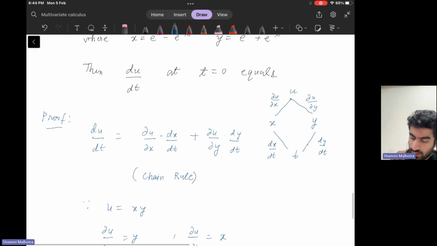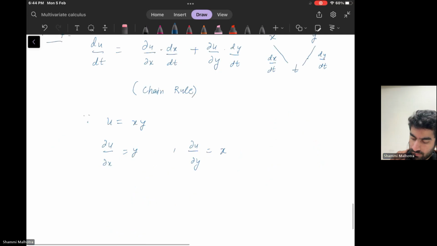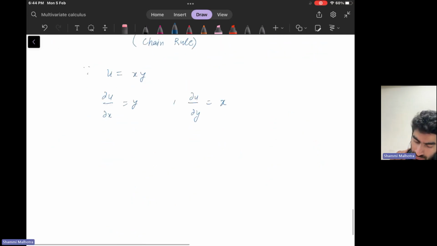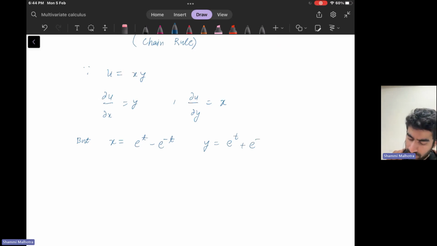We also know that x is given as e raised to the power of t minus e to the power minus t, and y is given as e raised to the power of t plus e raised to the power of minus t.